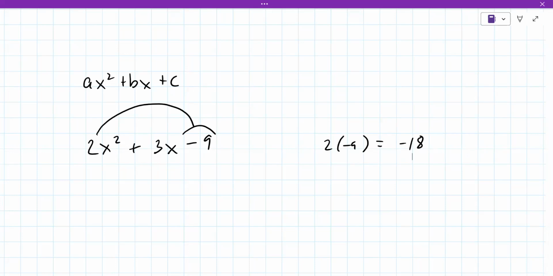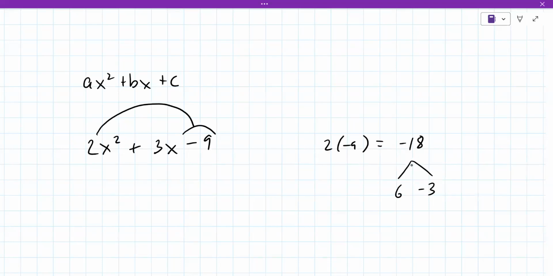Can you think of those two numbers? 3 and 6. So it's actually a positive 6, negative 3.